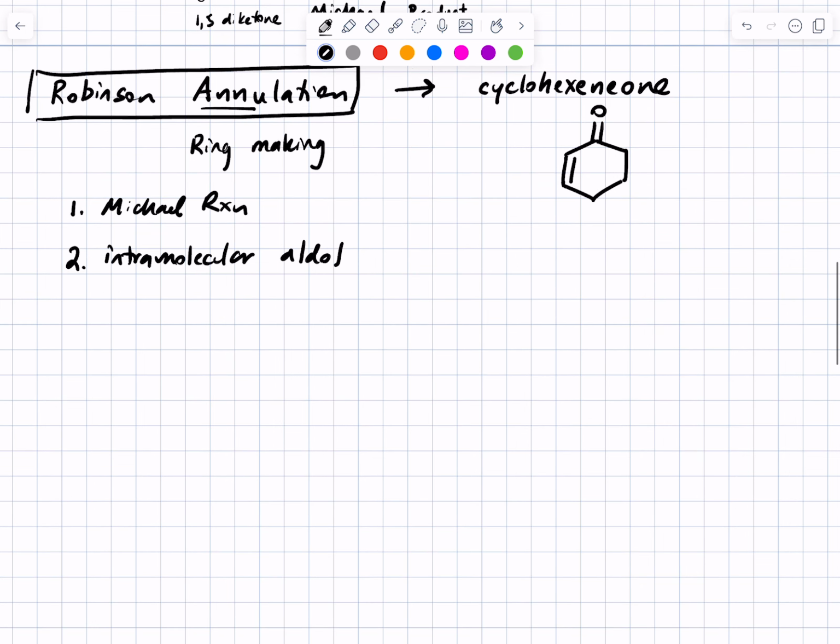Okay, so let me give you an example of a Robinson annulation. Let's start with just a simple ketone. Let's use acetone. And then let's use this alpha beta unsaturated carbonyl compound.